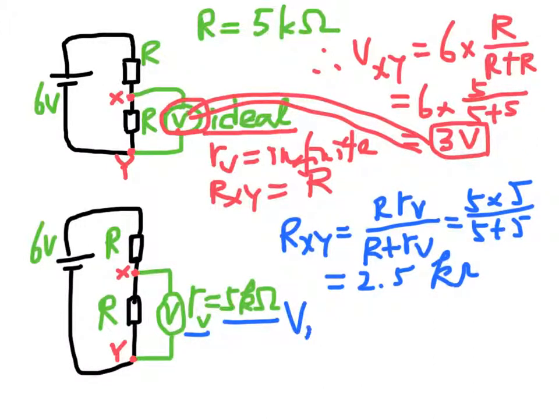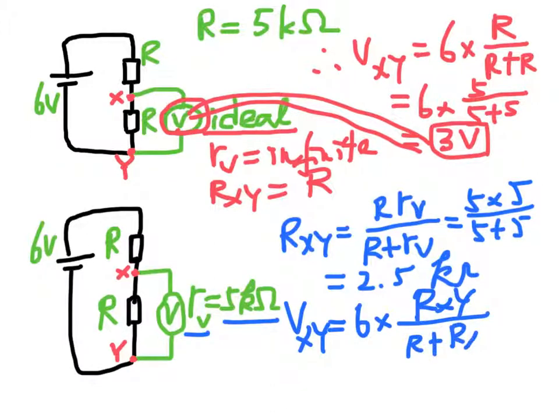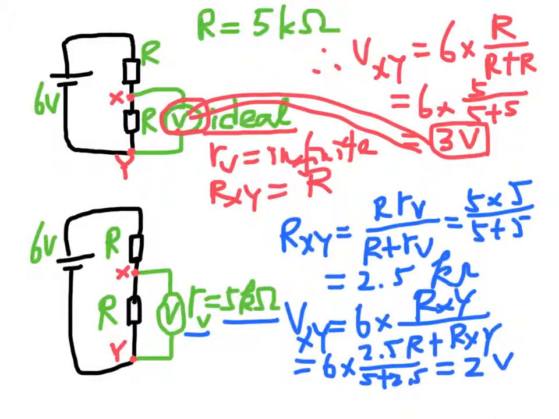Therefore, the voltage across XY will be equal to 6 volt times RXY over R plus RXY, equal to 6 times 2.5 over 5 plus 2.5, which is equal to 2 volts. Hence, the voltmeter reading will be equal to 2 volts.